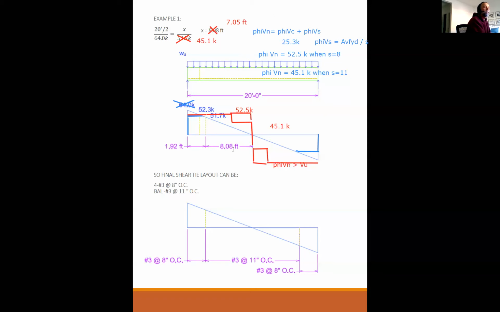That's this number right there. So we have 2.95 feet for the other side. Exactly. Yes. So now 2.95 times 12 divided by 8. So you really need to put 5 number 3s at 8 inches instead of 4 number 3s at 8 inches. So that would fix that.